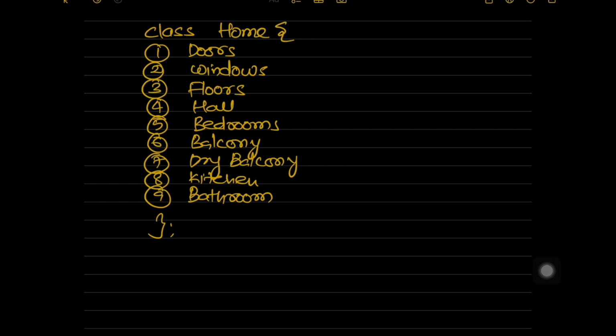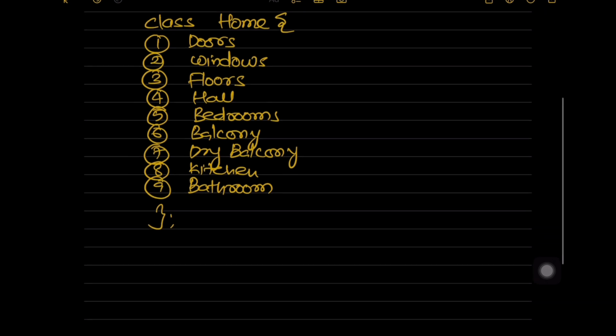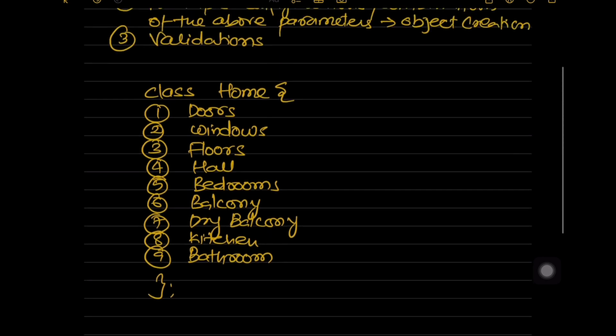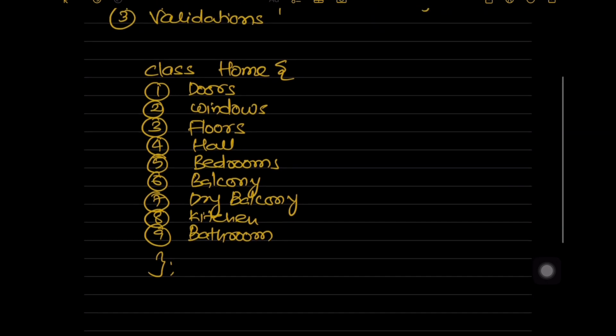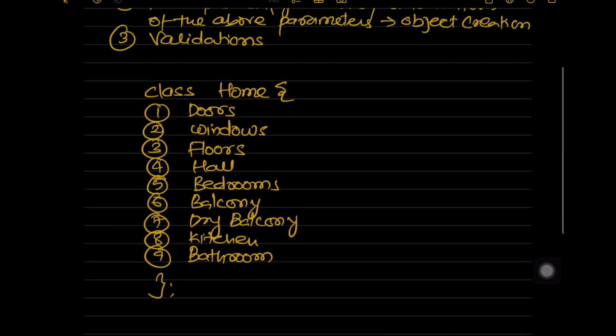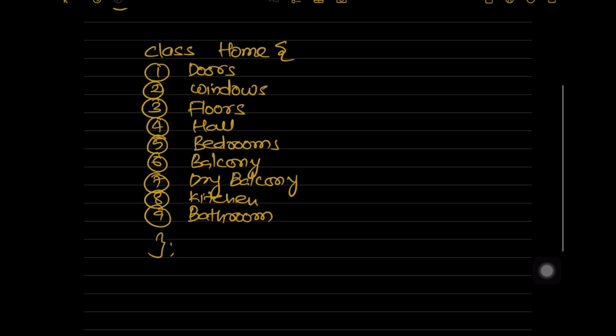This is the first criteria. If you have to create an object of this class Home, even if we don't have default values, and since we need to do validations for each parameter, doing all of them in the constructor will become such a cumbersome job.